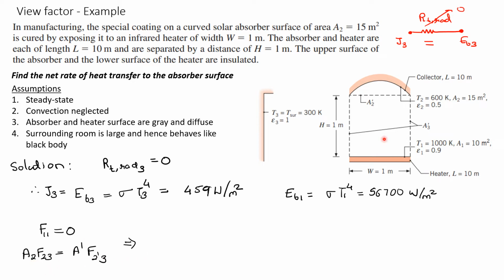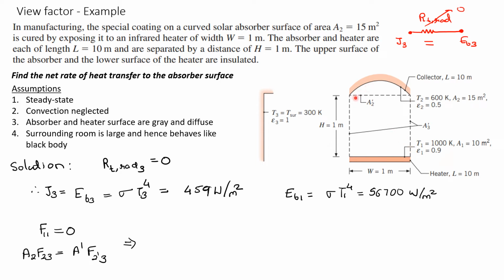By reciprocity, the relation that we know is that A2 F23, that's this right here, as in the view factor of 2 viewing 3, and 3 being the entire room, is equal to 2 viewing just this dashed line, which is represented by A3 dash.